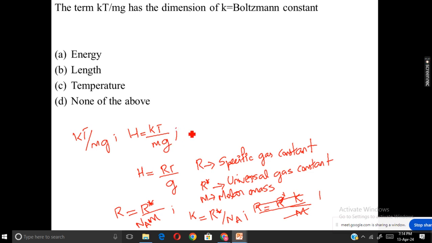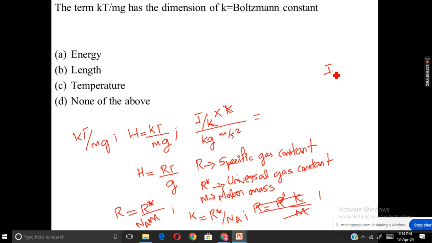So the dimension of this equation: the dimension of k is joule per kelvin, divided by mass in kilogram, and g is meter per second square. Kelvin will be gone.